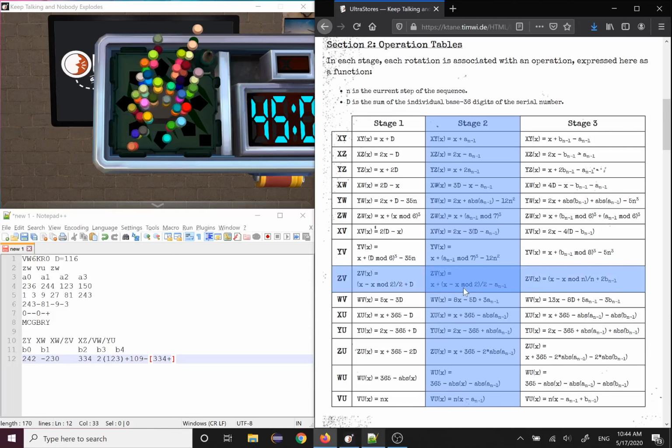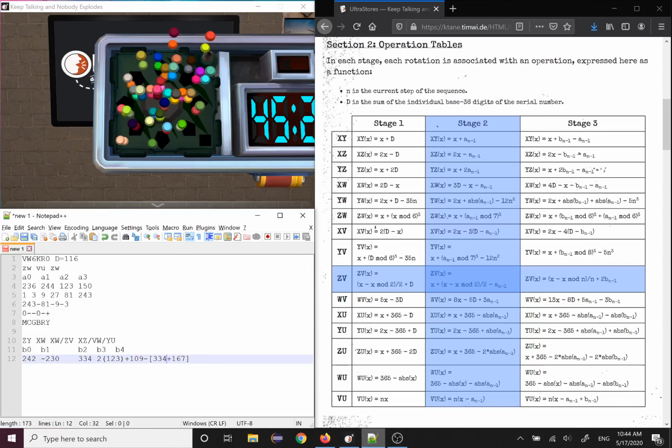But you can also think of it as x minus x mod 2 over 2, which is going to be, well, x mod 2 is 334 mod 2, which is equal to 0. So 334 minus 0 is just 334. 334 divided by 2 is going to be 167. 334 plus 167, because that's half of 334.